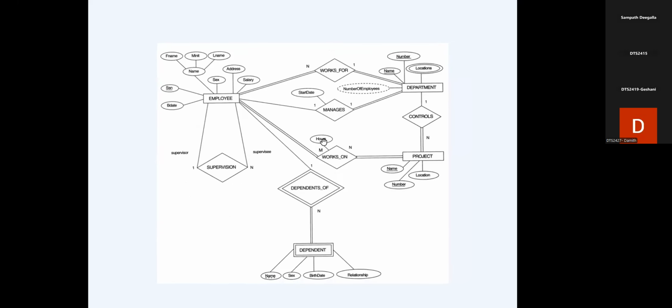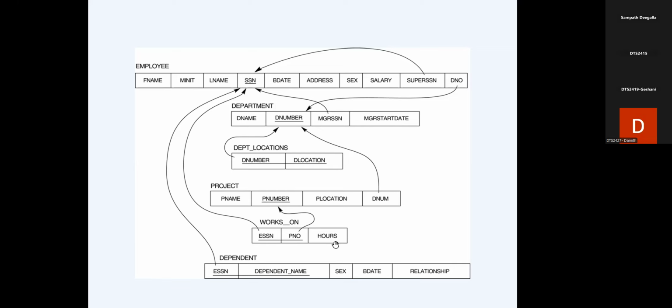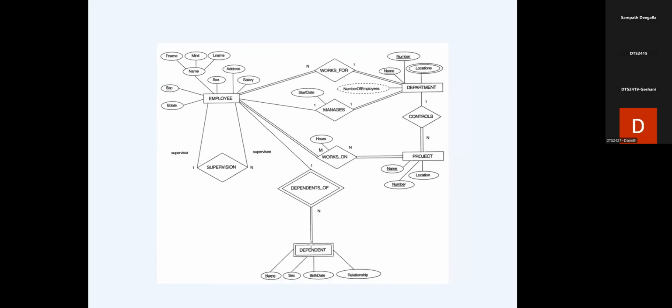And since number of hours is related to this relation, it also comes here. And this is how we will create it. So just to summarize, when you have many-to-many relations, ideally you create a separate relation and combine the primary keys of the two participating entities to create the primary key of that relation. So make a note of that.